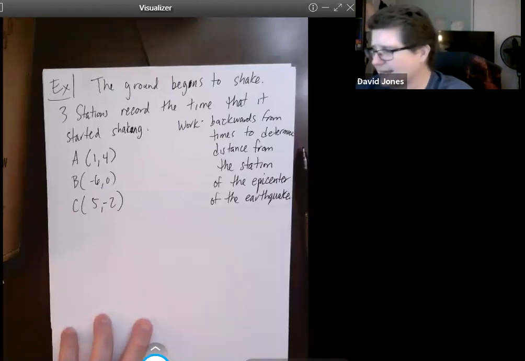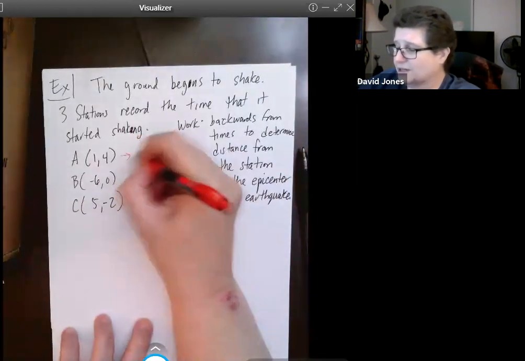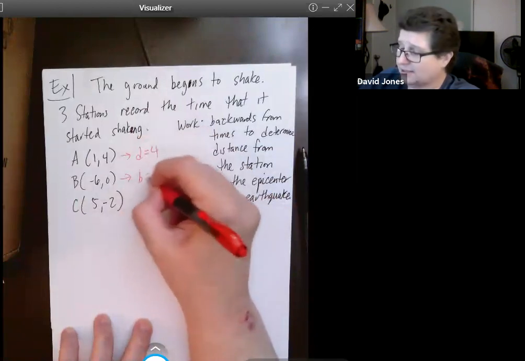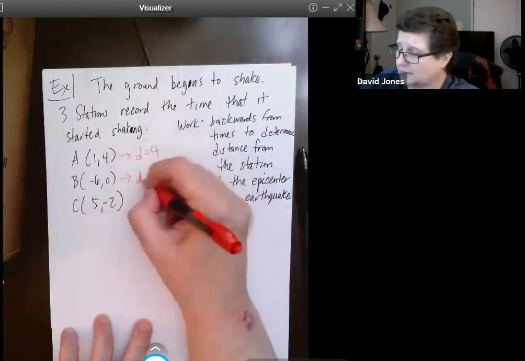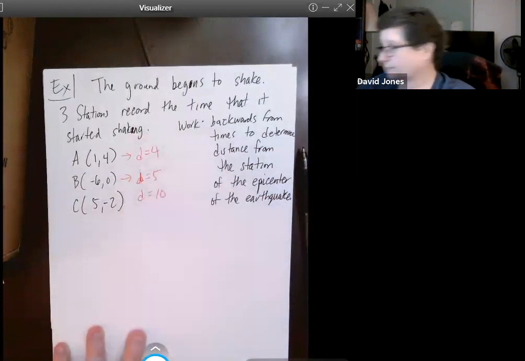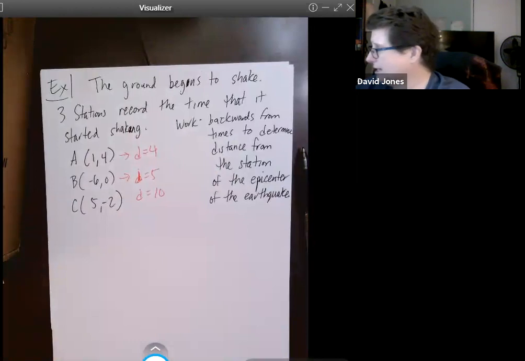Let's just say they calculated the distance for A was 4. For B, it was 5. And for C, it was 10. 4 seconds later, 5 seconds later, 10 seconds later, they converted it to units. Let's say it's those units.